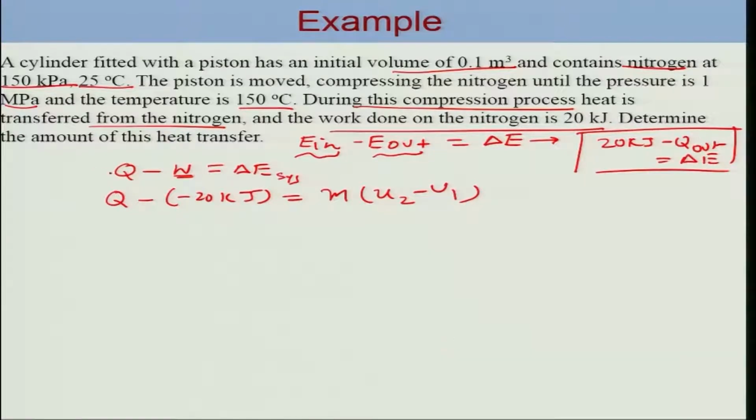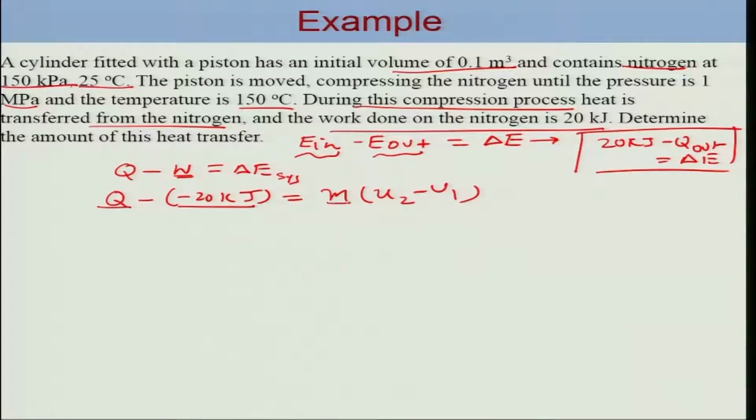Otherwise we can make use of a generalized form where Q is what is being supplied to the system minus work which is done by the system on the surrounding, and which is minus 20 kilojoules, because in this case the surrounding does work on the system, that's why it should be minus. So we are assuming Q is supplied to the system, that's why we put Q here, so we will know the sign.